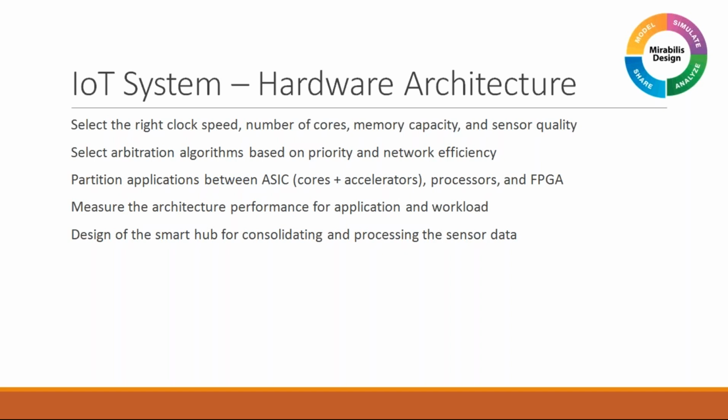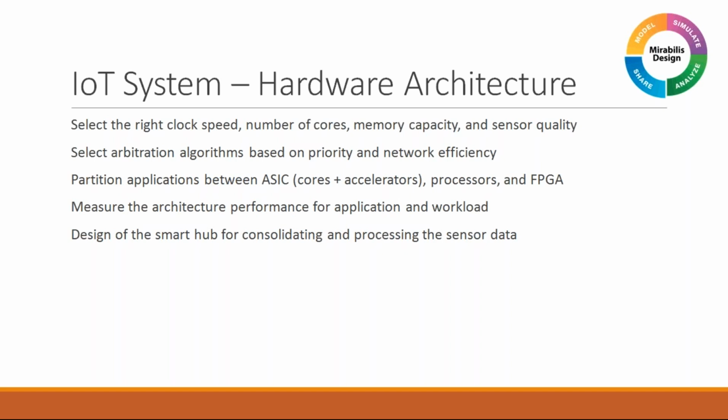You're not providing too much memory, in which case you may compromise on the size of your platform, or that may consume a lot of power. You need to make sure that you're not over engineering or under engineering the system, so you can get an optimized system architecture by running a variety of simulation runs.